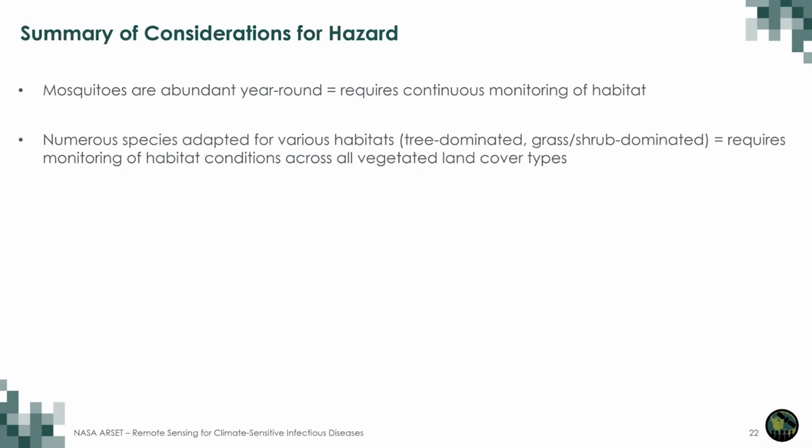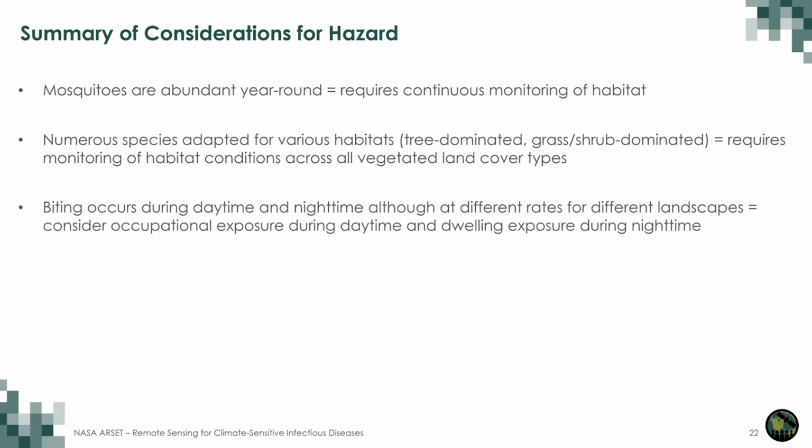We know that numerous species are adapted to various habitats. We have tree-dominated, grass and shrub-dominated environments, which means we need to come up with a system that will monitor habitat conditions across all vegetated land cover types, not just a particular land cover type singled out.